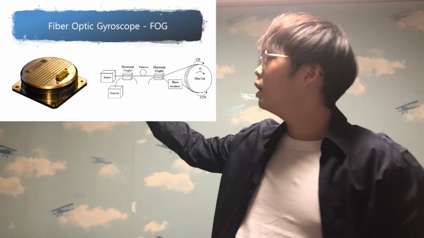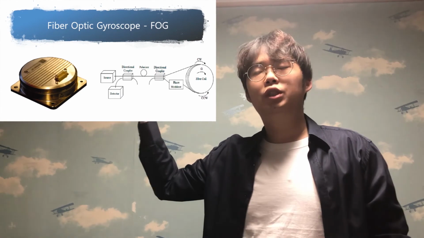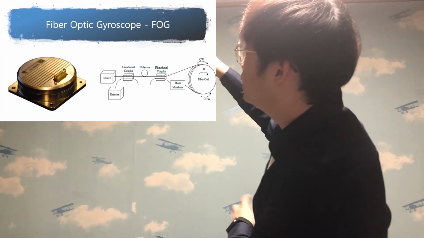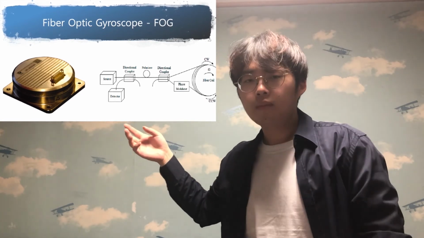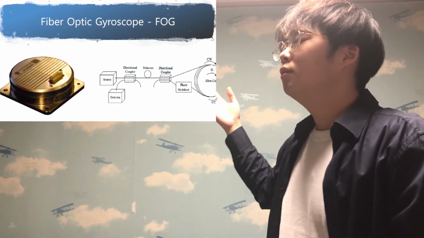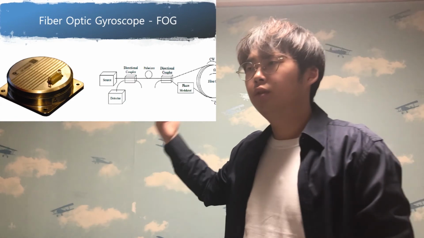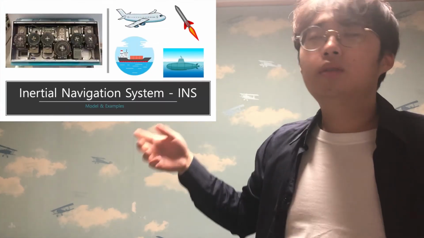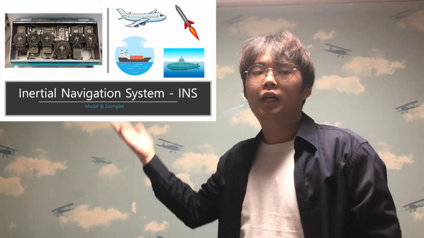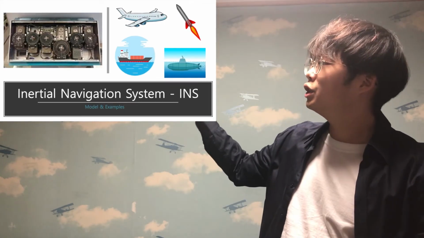And then there is the fiber optic gyroscope, which is FOG, and there is a fiber coil that allows you to check where you are. This one has like 100% energy restore because it is made of fiber. Also, this FOG uses INS, which is the inertial navigation system.